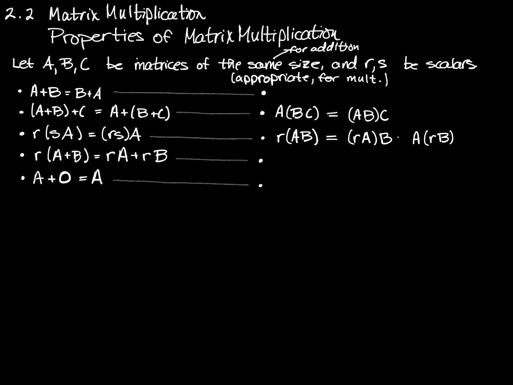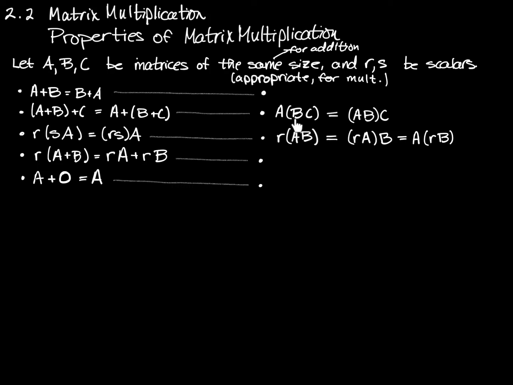And whichever order you do this, or wherever you place the scalar, you'll end up with the same result. Right? So my scalar is in the front here. It's outside: matrix multiplication first and then scale the whole thing. This one's just scale the matrix A, then multiply the resulting matrix by B. And this one says scale the matrix B first and then multiply A by the resulting matrix.